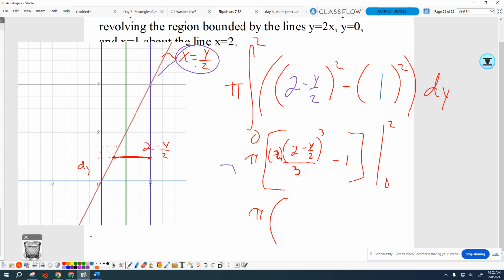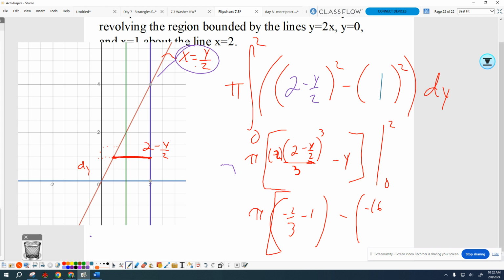So I get pi, plug it in, that's 1 cubed is 1, so -2/3 minus 1. Now plugging in 0 does not give me a 0. Plugging in 0, that bit here goes away, but that's 2 cubed, which is 8, times -2, which is -16. Oops.